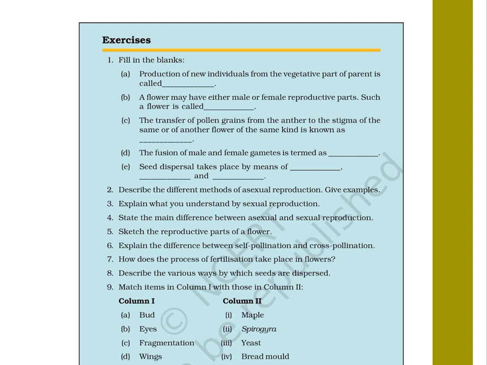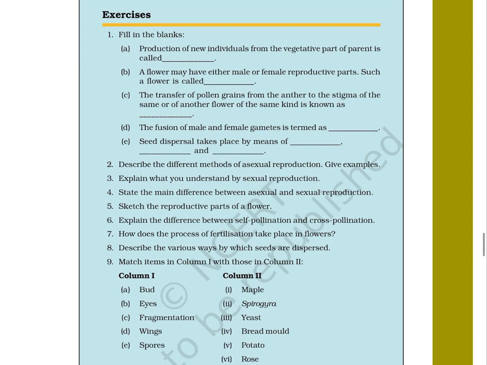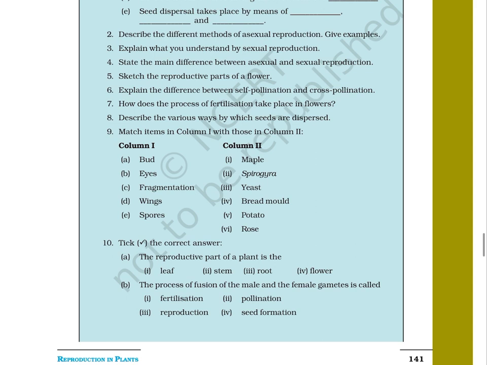2. Describe the different methods of asexual reproduction. Give examples. 3. Explain what you understand by sexual reproduction. 4. State the main difference between asexual and sexual reproduction. 5.